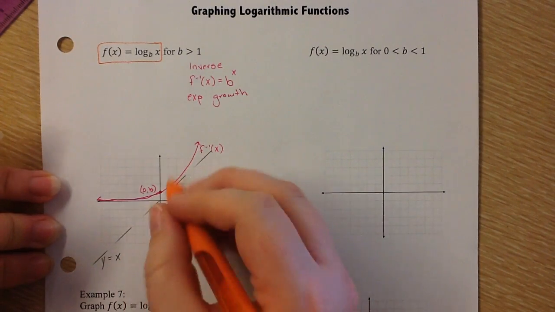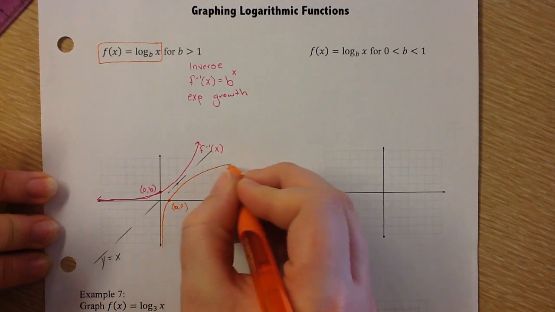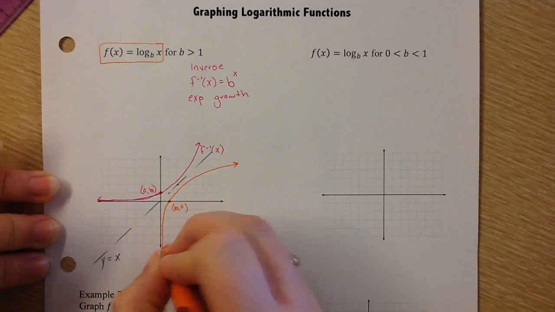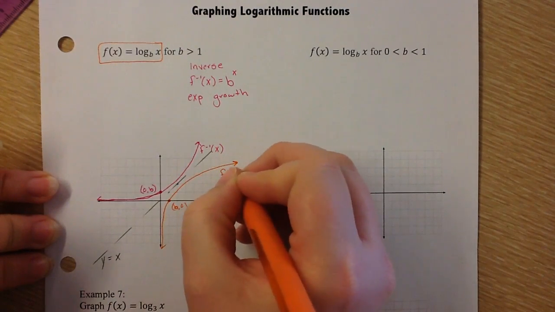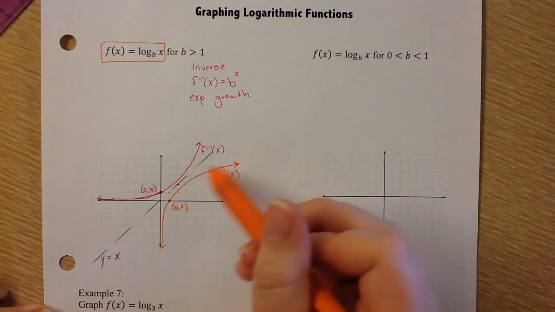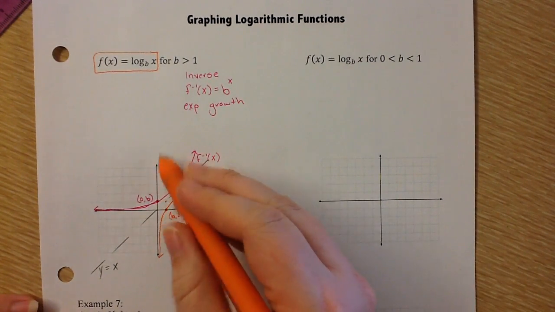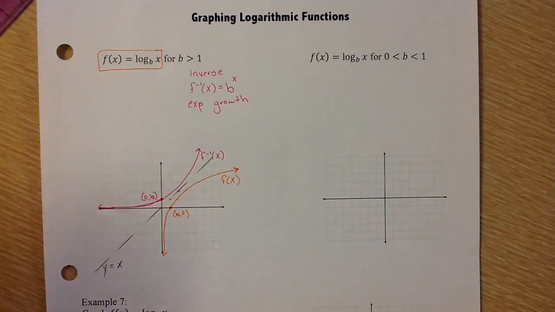It's basically going to be this reflection, so it's going to look like that if we reflect it over. So this is my f of x. One thing is this function is never going to cross the y-axis, which is straight up and down.